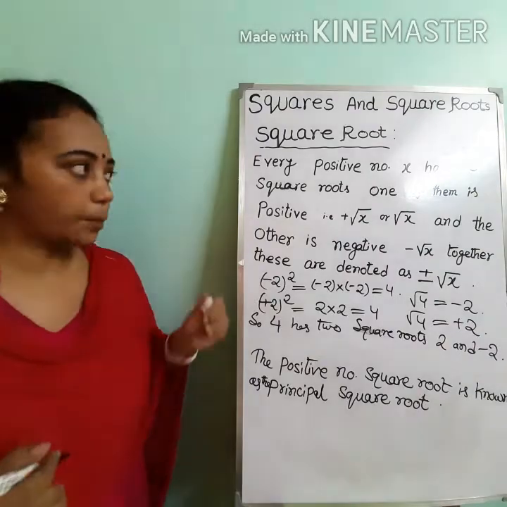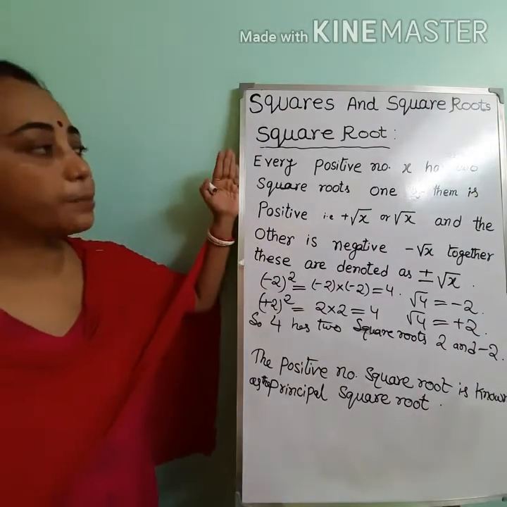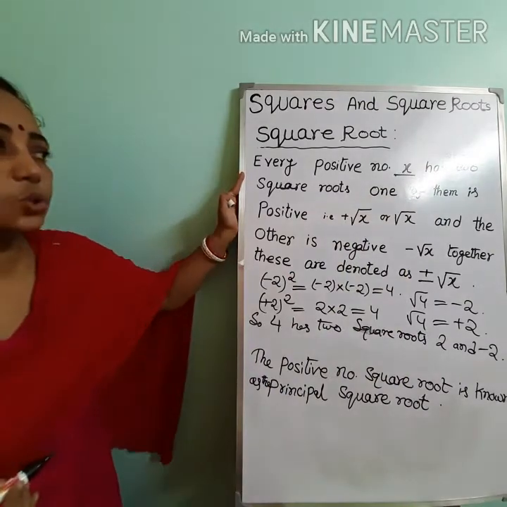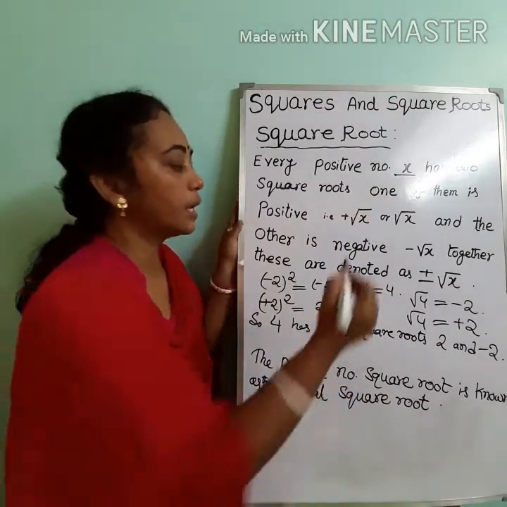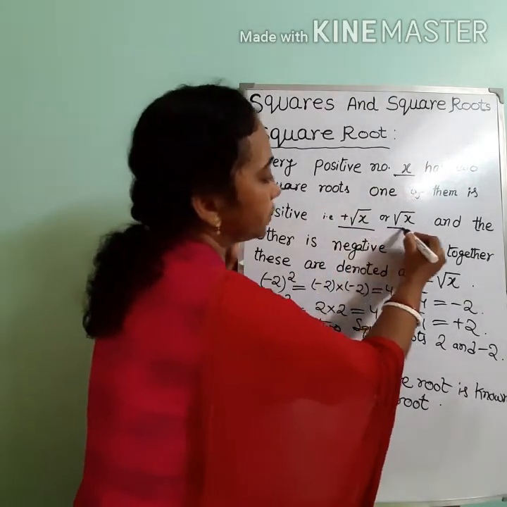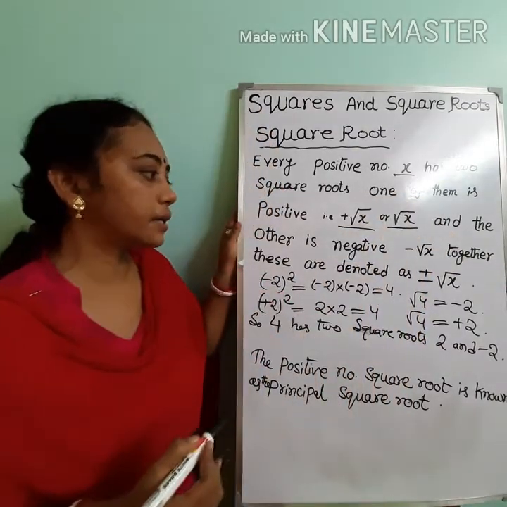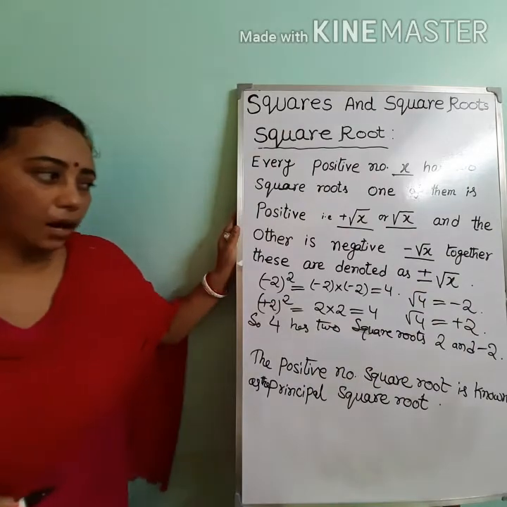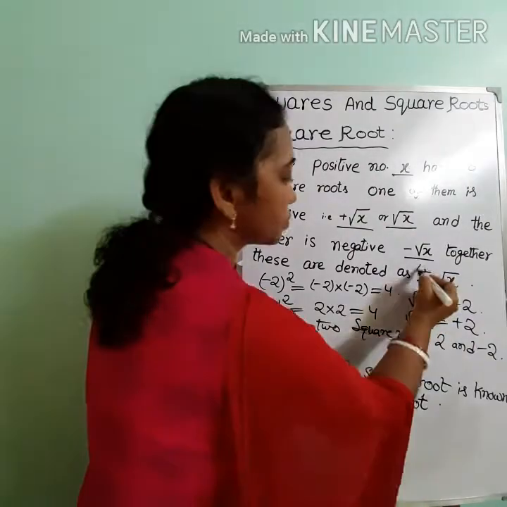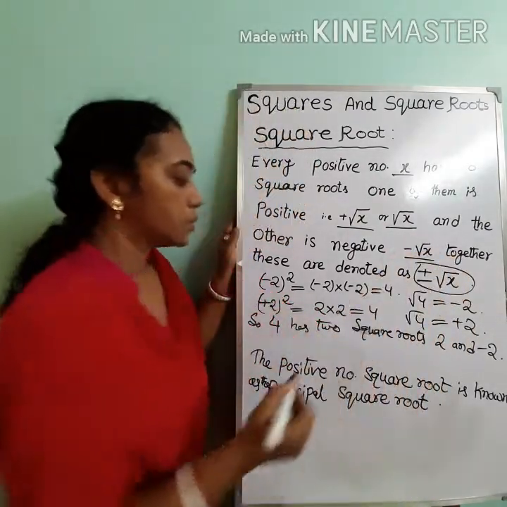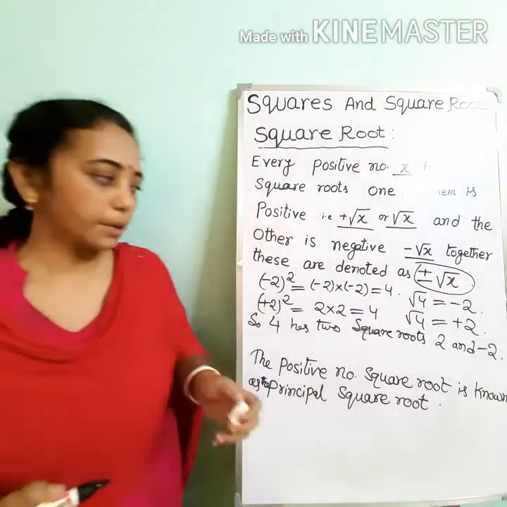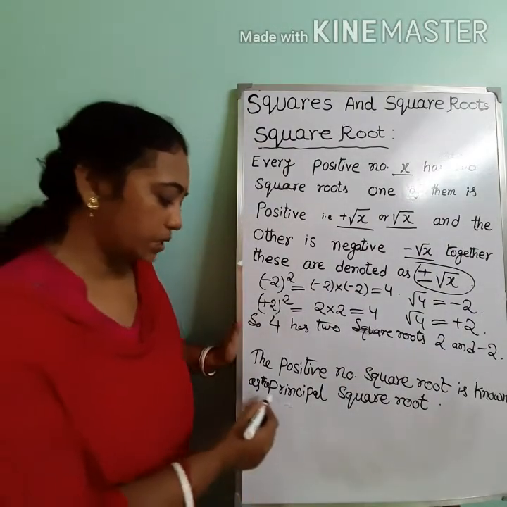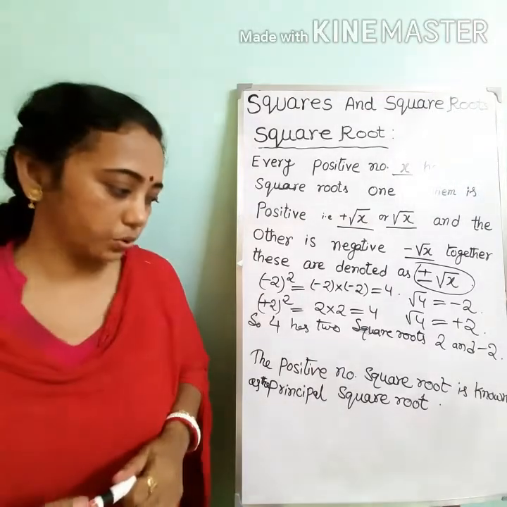So from this example we can say that every positive number x has 2 square roots. One of them is plus root x, or we can simply write root x, and the other is negative, that is minus root x. Together these are denoted as plus minus root x. So the square root of a number is plus and minus both. But the positive square root is known as the principal square root.